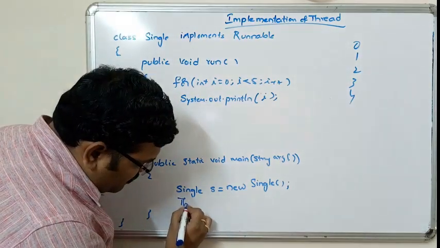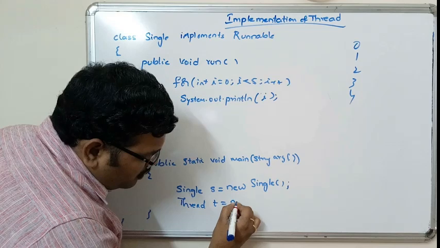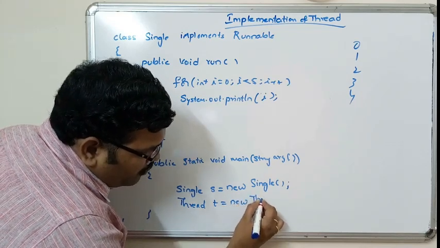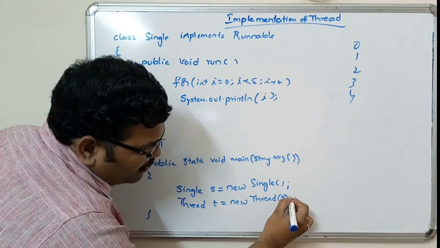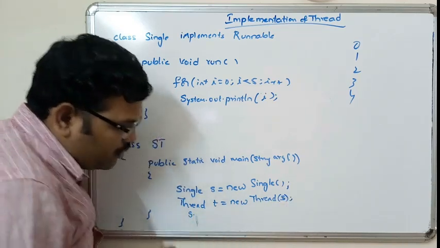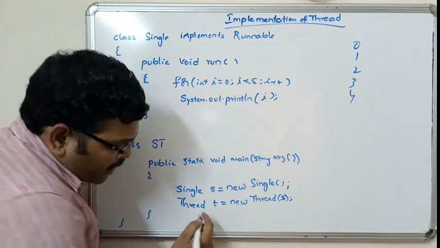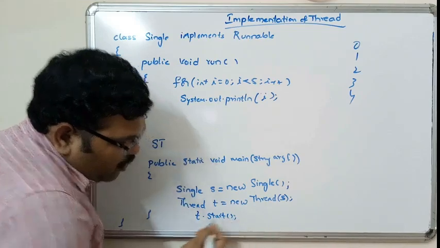See, Thread t is equal to new Thread of s. Now we can write t dot start. Hope you understood this one.